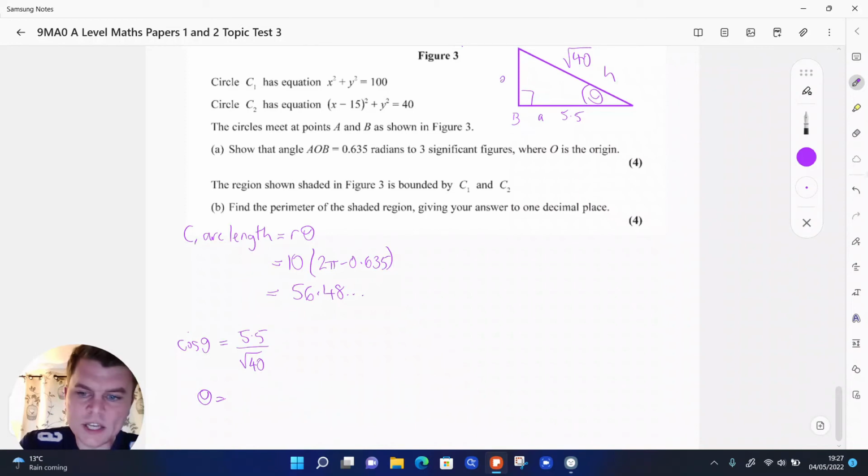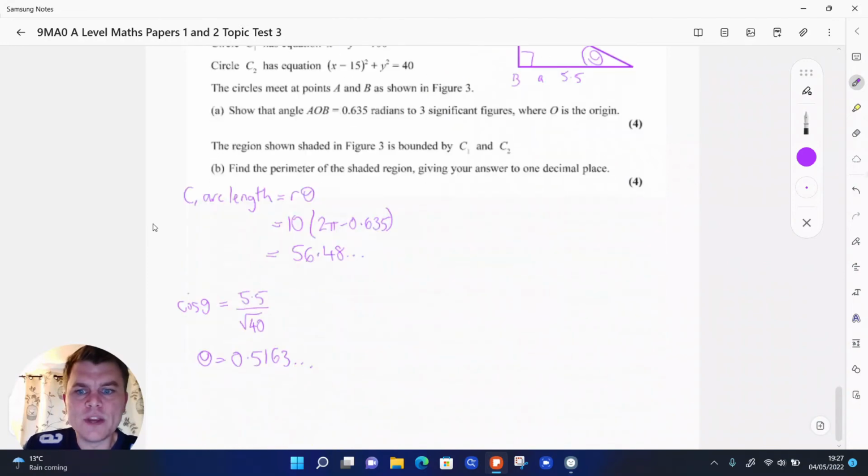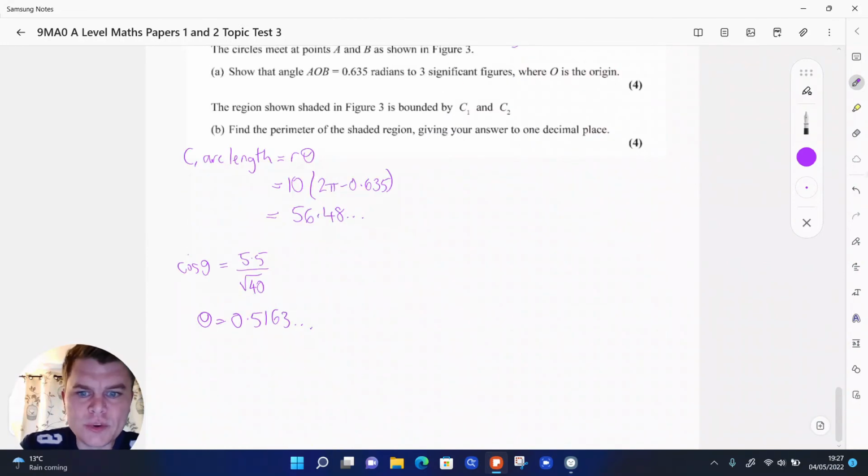Putting that into your calculator, you get 0.5163. Now it's important we don't use that as our angle, because notice that is just half of this whole angle here. So we need to know what 2 theta is. So we double that.